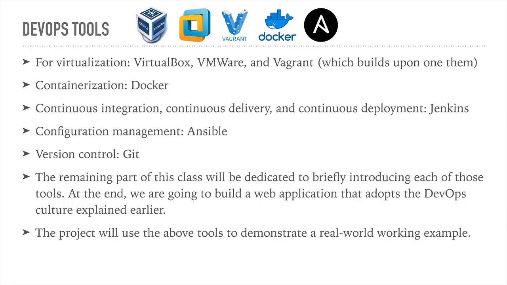We also have Chef, Puppet, Salt, and other very well-known configuration management tools, but for this class we are going to use Ansible. For continuous integration, continuous delivery, and continuous deployment, we have Jenkins, which is a very powerful web-based CI tool.